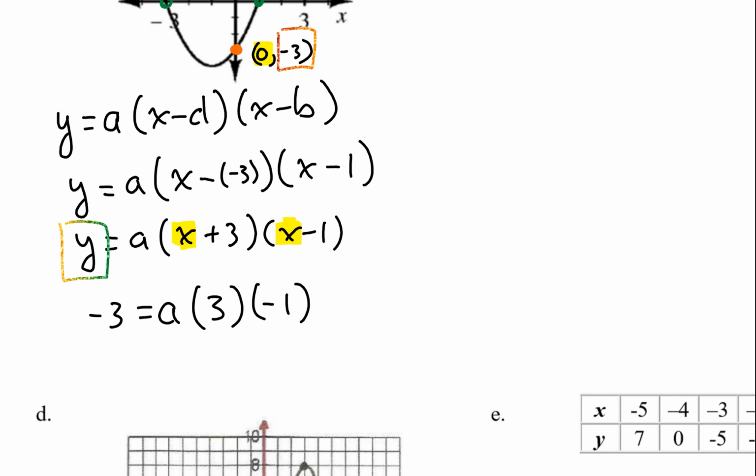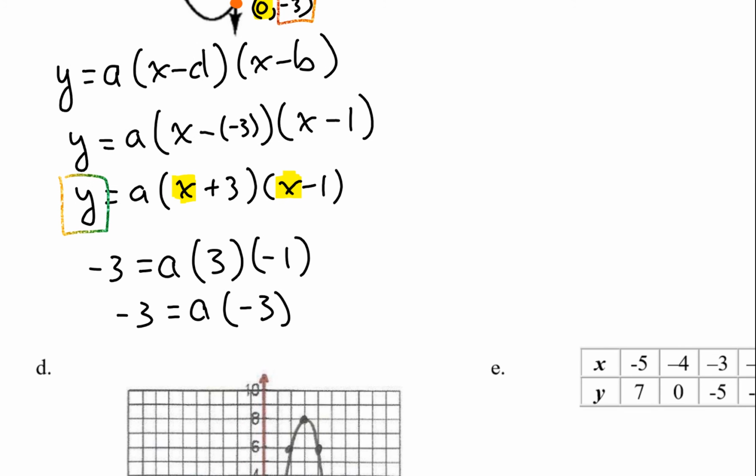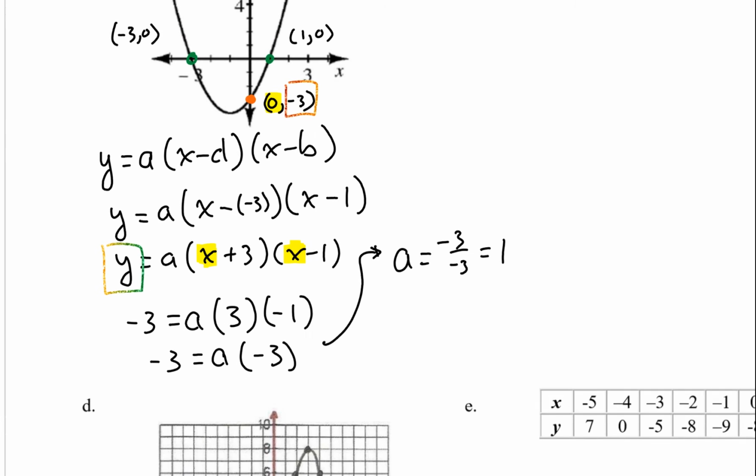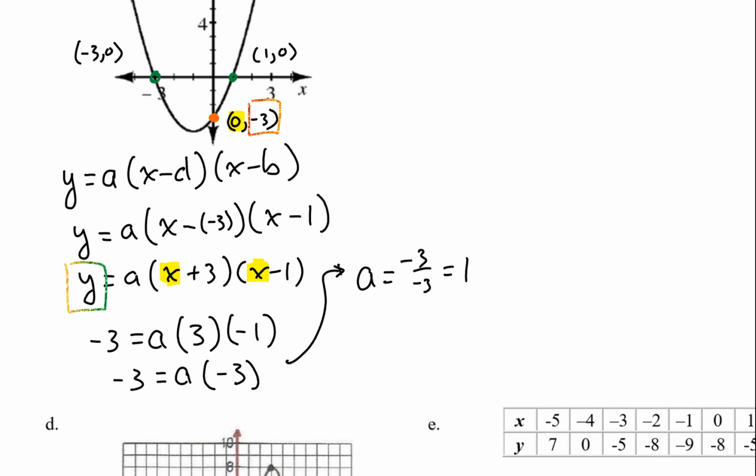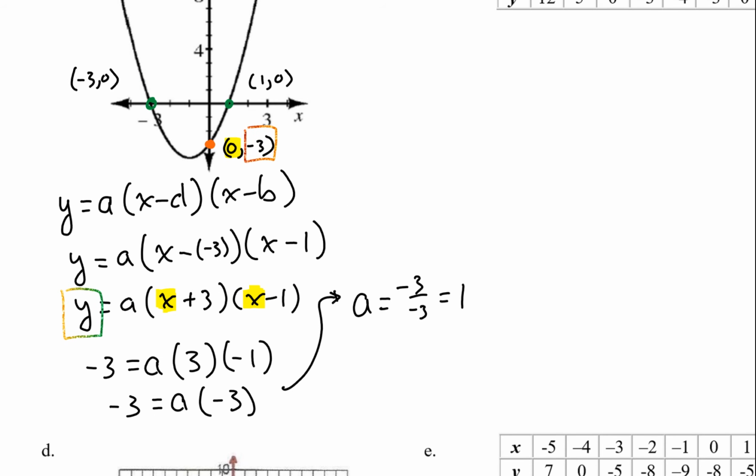And when I multiply those, I get -3 equals a times -3. So if I divide both sides of this by -3, right, I get a is equal to -3 over -3, so a is equal to 1. So I don't need to adjust this at all. The roots were enough. And that's not always the case, but in this particular case, it is.